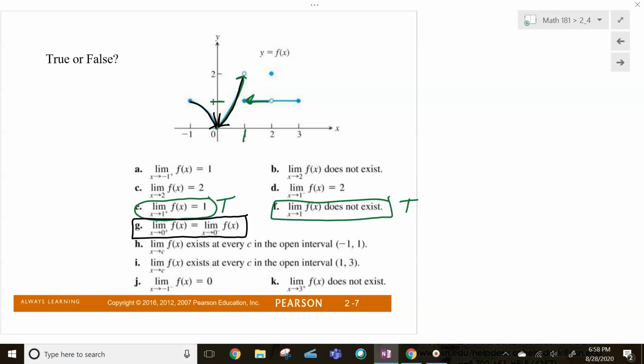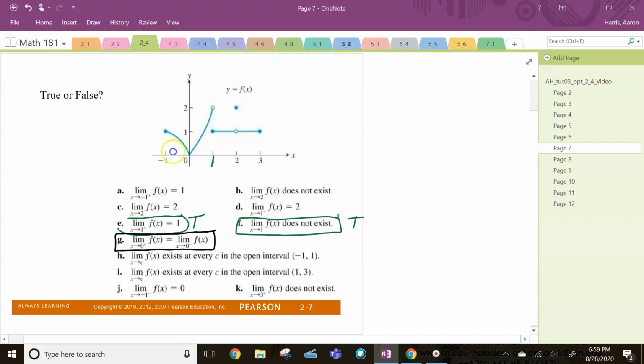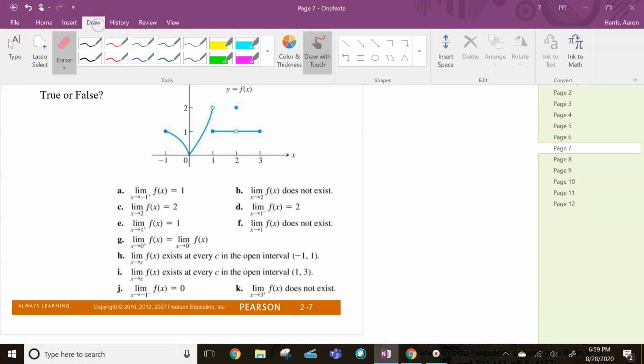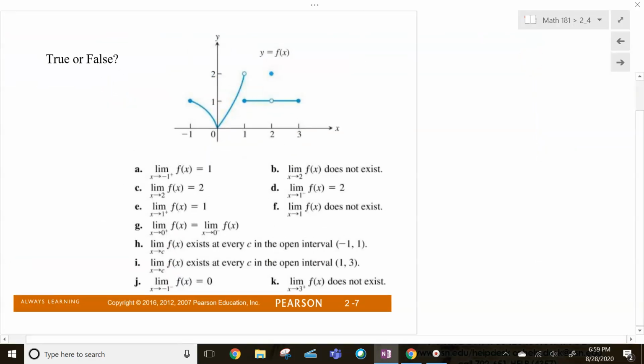All right, H. Limit as x approaches C of the function exists at every C in the interval from -1 to 1. So this is saying the limit exists every time.